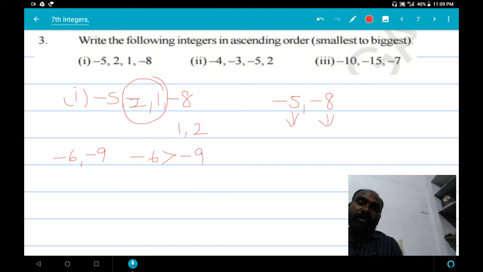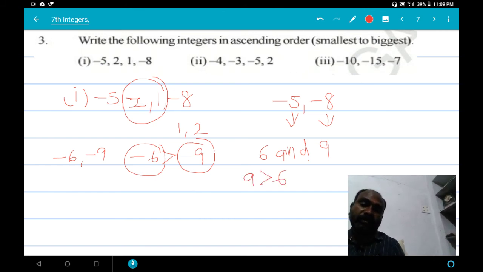Comparing with the positive numbers 6 and 9, 9 is bigger than 6, but here minus 6 is bigger than minus 9.